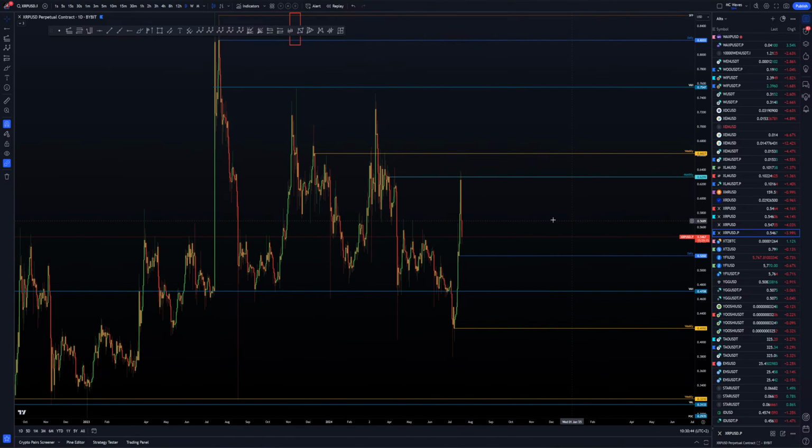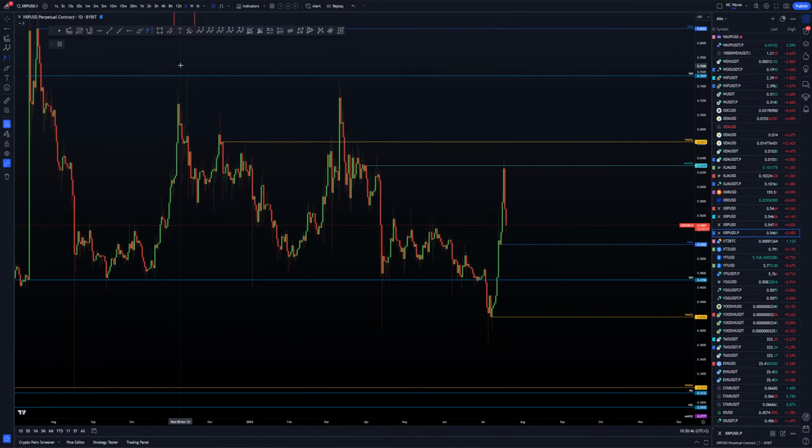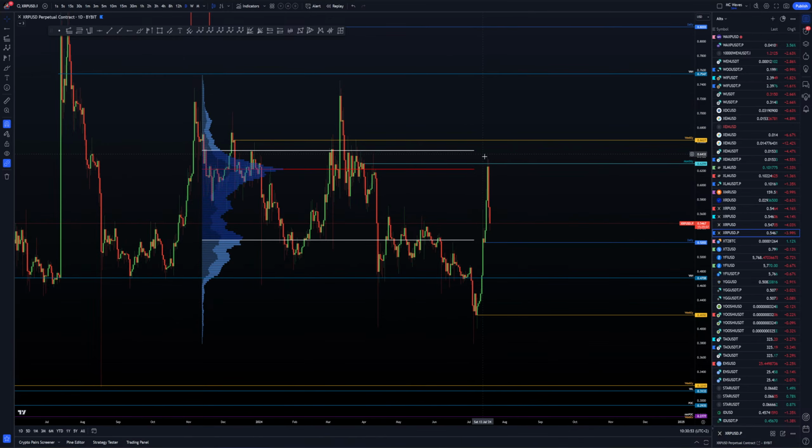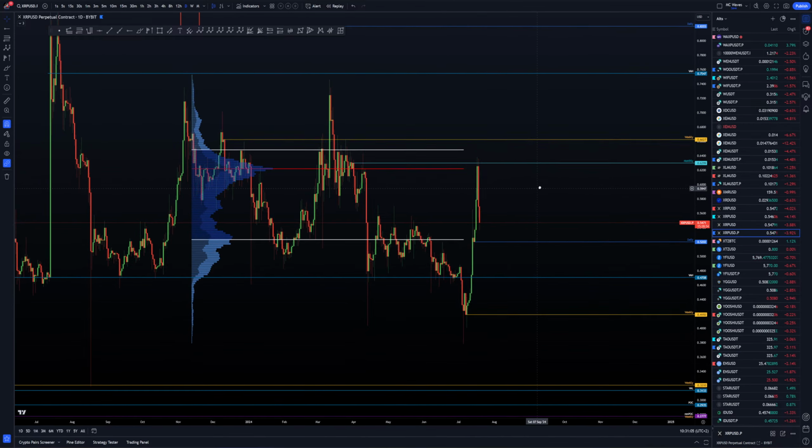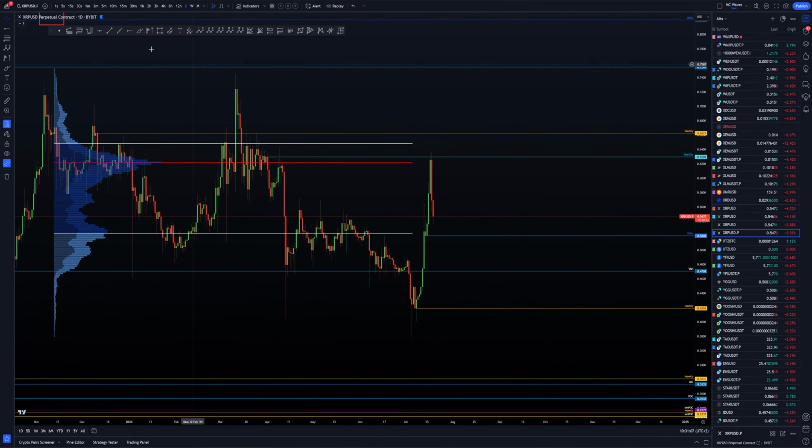Alright, let me do something here really quick. Yeah, it makes sense to reject from here. I mean, we've got a load of confluence up here, I think. 618, path control, value high monthly. It's a load of confluence we have here, to be honest. Makes sense to reject here. So here we've got also a value low. You can see right here.